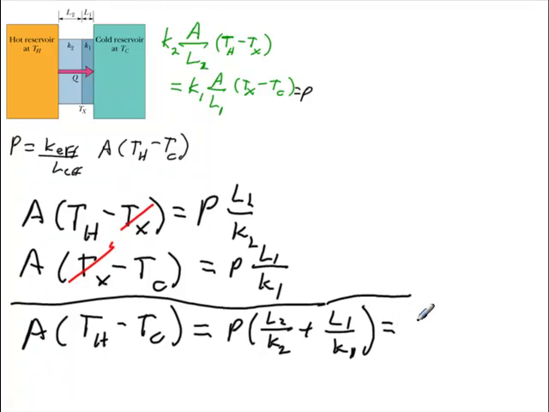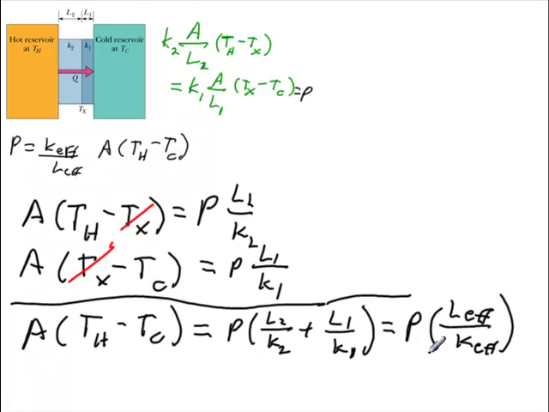And that should equal power times L effective over K effective. So we can just add these quantities, length over conductivity, which is essentially like a resistance. We can add them when they're linked together in series like this.